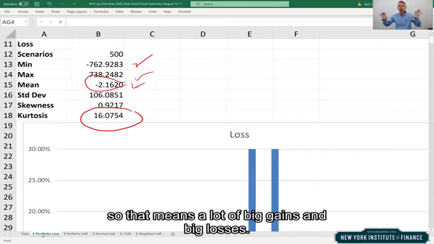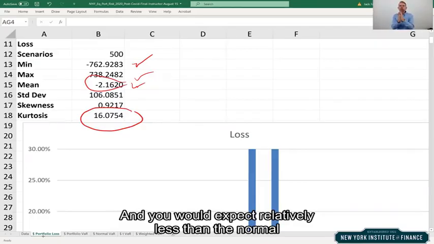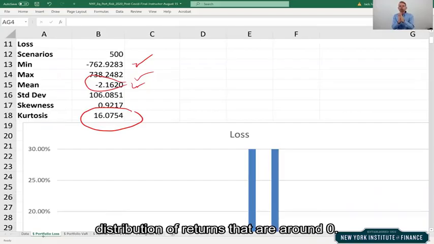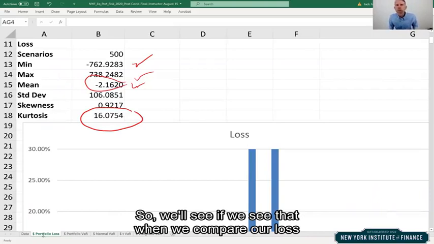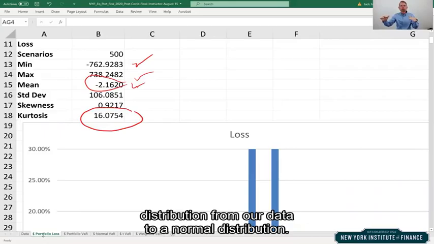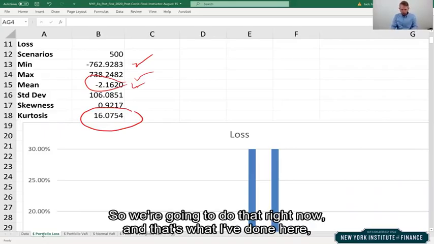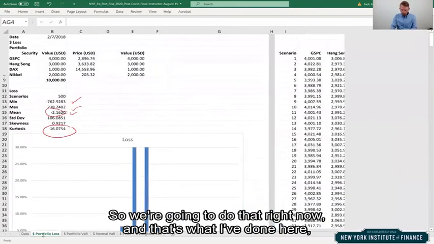So that means a lot of big gains and big losses, and you would expect relatively less than a normal distribution of returns that are around zero. So we'll see if we see that when we compare our loss distribution from our data to a normal distribution. So we're going to do that right now.